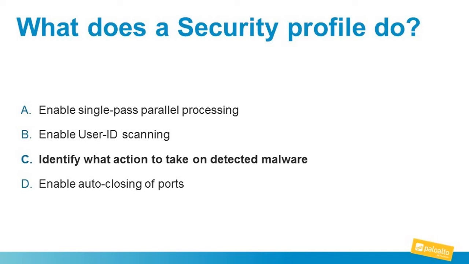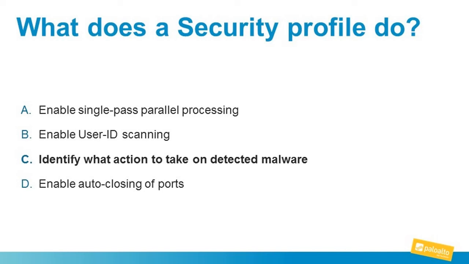While that sounds great and fancy, single pass parallel processing is where the firewall essentially performs App-ID and Content-ID simultaneously. Technically speaking, App-ID is activated a split second before Content-ID, but we do not wait for App-ID to finish before starting Content-ID. They're running in parallel. So this is why we refer to this as single pass parallel processing.